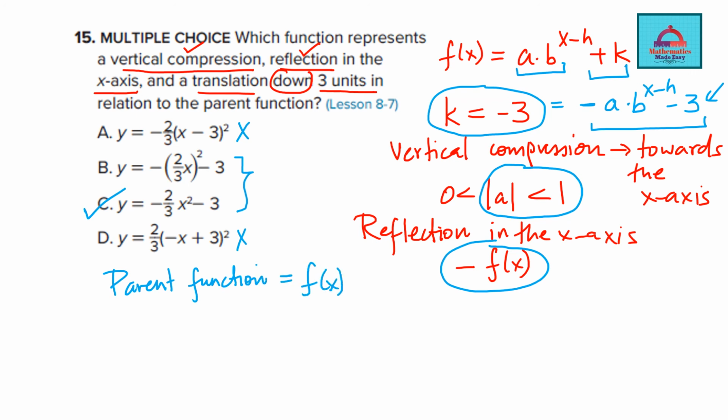I write it as f(x), which is x square. So what transformation we did? We multiplied this x square with a first, which was 2 by 3. Then we did the reflection, and then we also moved the function down 3 units. So this is the parent function which got answer C after all these transformations.